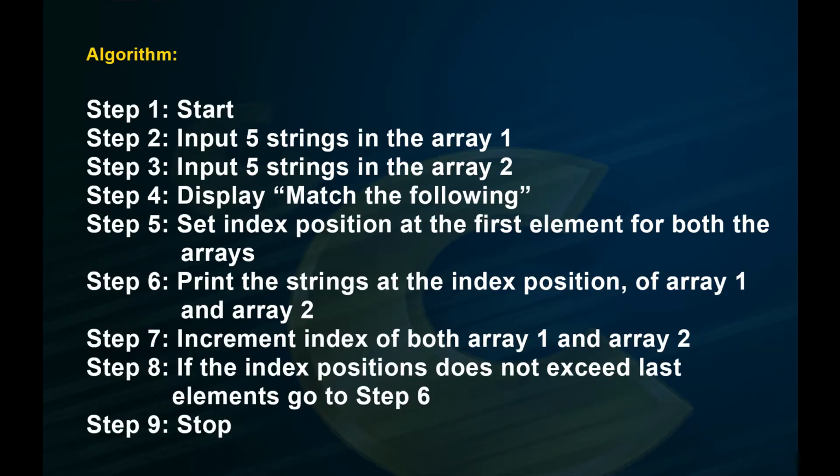Step 1, start. Step 2, input 5 strings in array 1. Step 3, input 5 strings in array 2. Step 4, display match the following. Step 5, set index position at the first element for both the arrays.